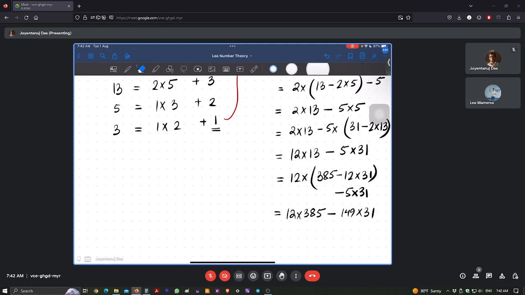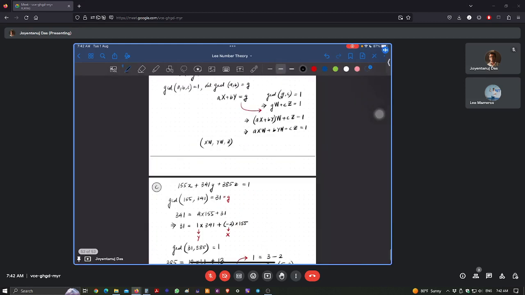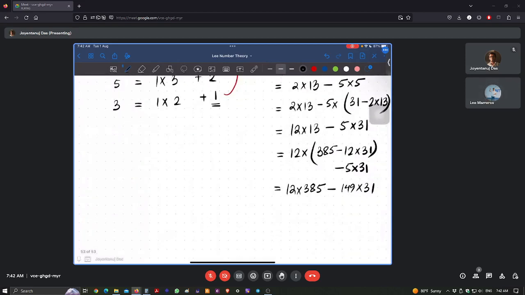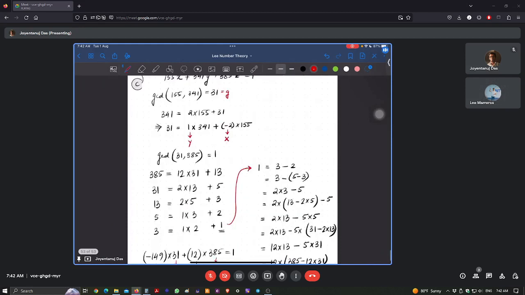So this is my W and Z, right? So what I get is minus 149 times 31 plus 12 times 385 equals 1. So this is my W, this is my G, and this is my Z, and this is my C. Then what will be the solution? We have to substitute back this 31.